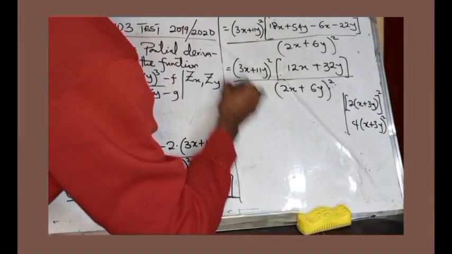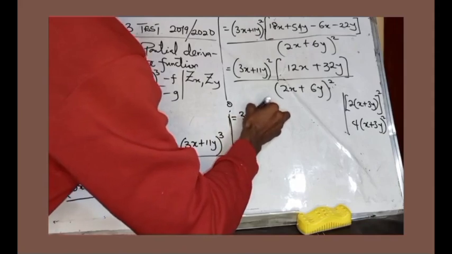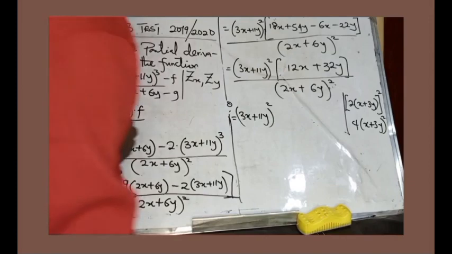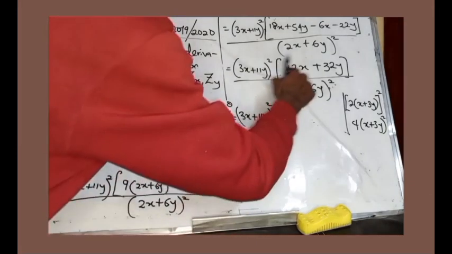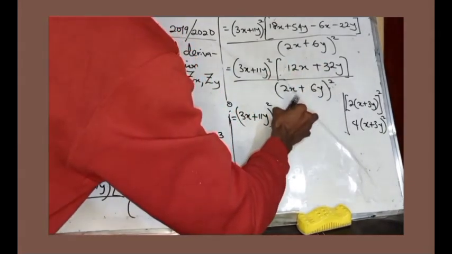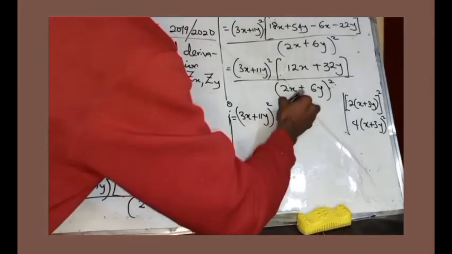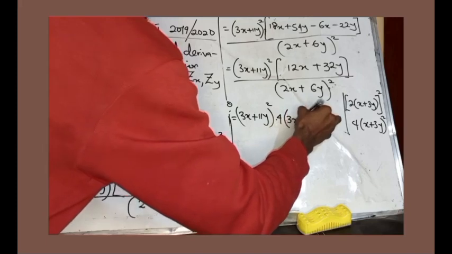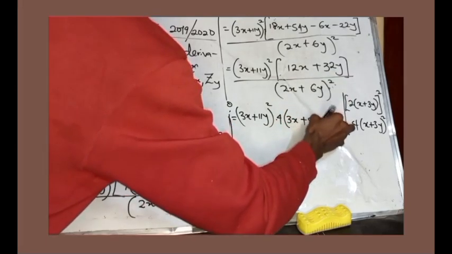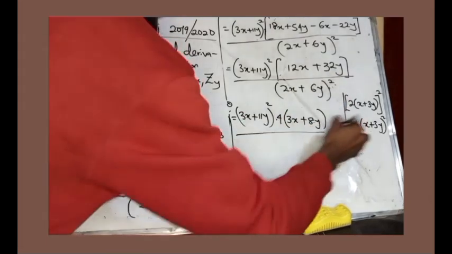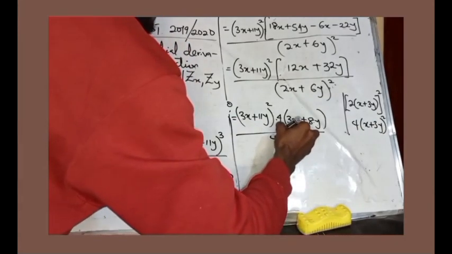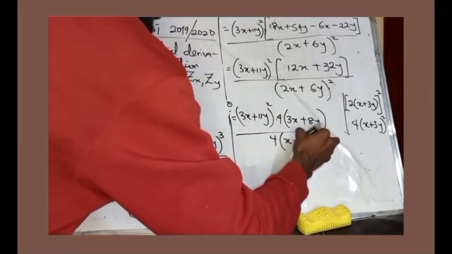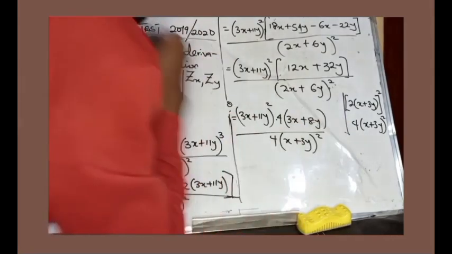So let's proceed now. We have 3x plus 11y all square. What's common here? 4 is common, so I can factor out 4. Bring out 4 here, then open bracket: 3x plus 8y, then all divided by 4 open bracket x plus 3y, then all square.